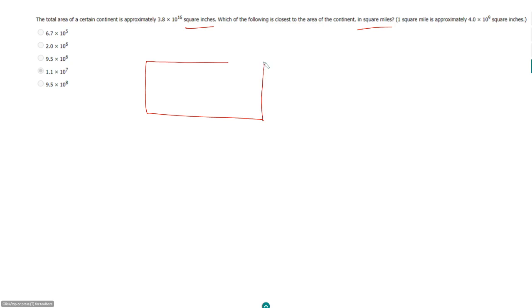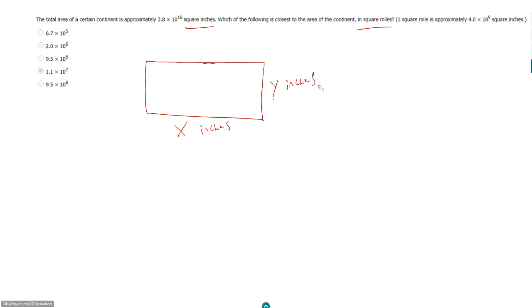And so in order to make the conversion from square inches to square miles, you have to make your conversion at the point at which those units are measured. In other words, say I have a continent that is rectangular in shape and it has some length of X inches and a width of Y inches.